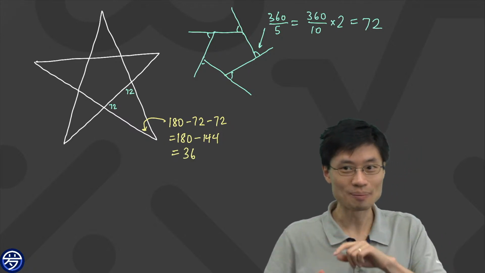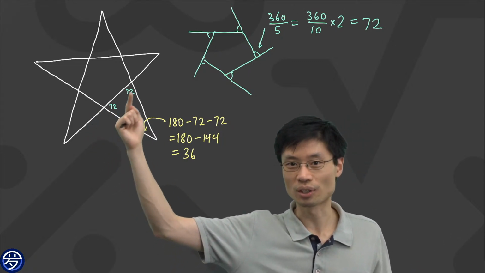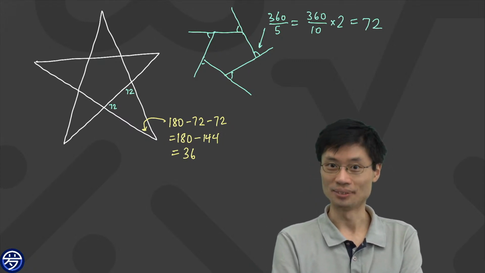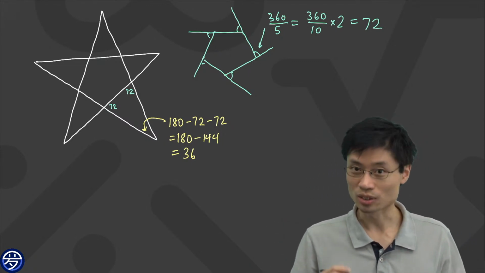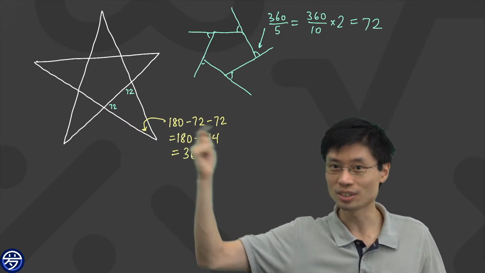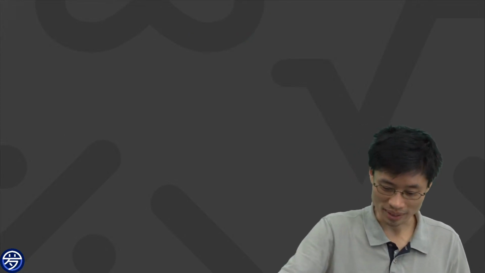Okay, so now I made a claim. My claim was that the ratio of the long to the short was nice. How would I figure that out? Let's do this. I'm going to draw another picture, and the other picture is just going to be a blown up version of the 72, 72, 36. I have to blow this up.